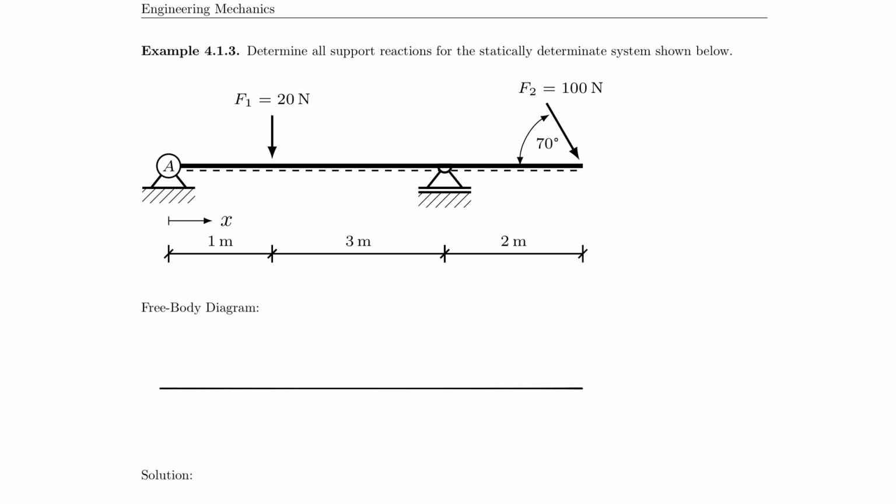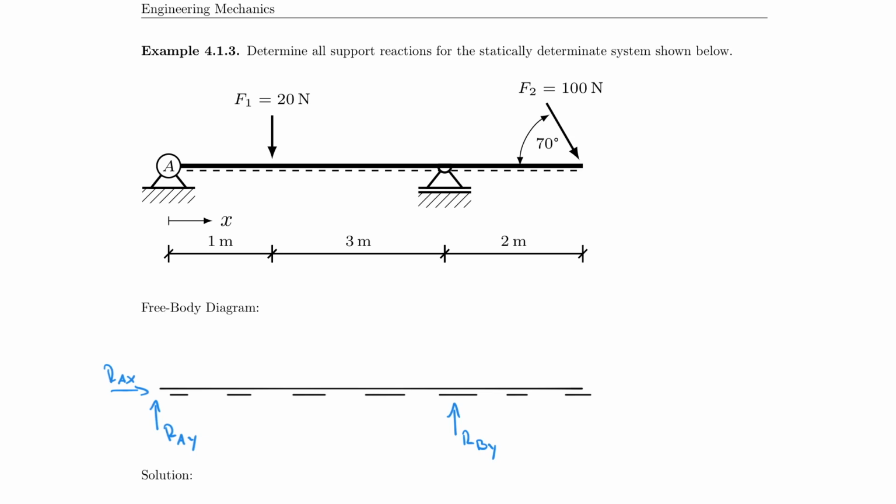Of course, my rigid body must have a dashed line. And I need to indicate that I have my roller on the right side in this case. So this here would be RBY, and it has no other support reaction. RAX right here and RAY right here.